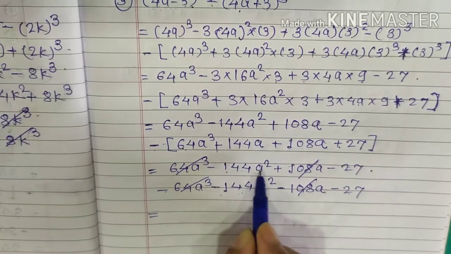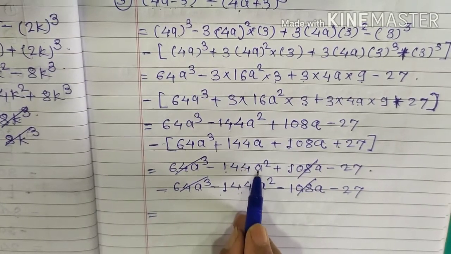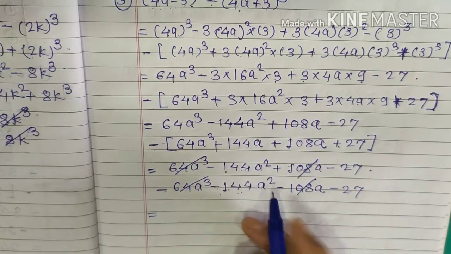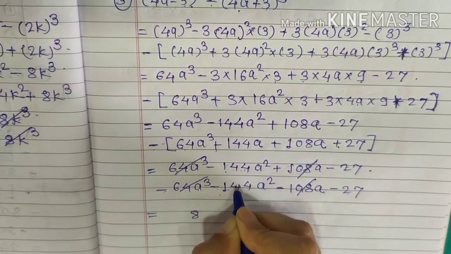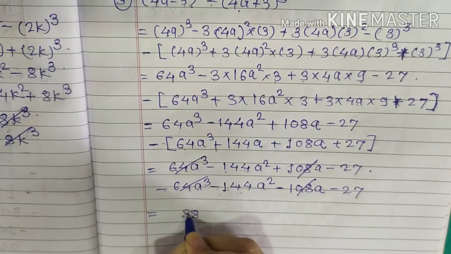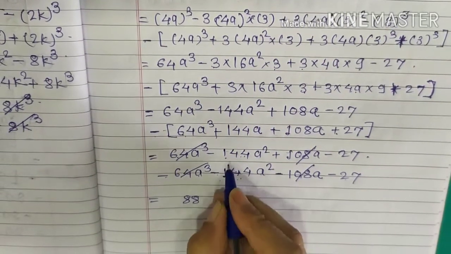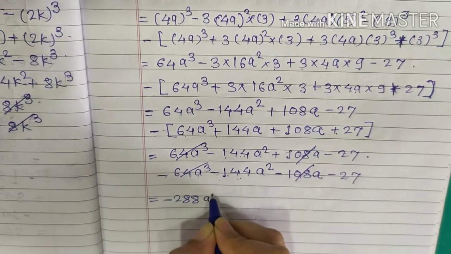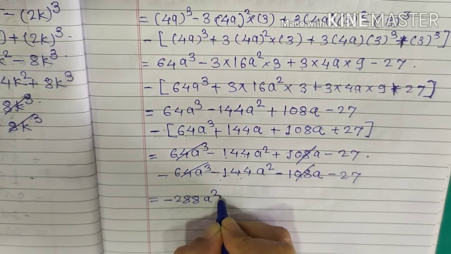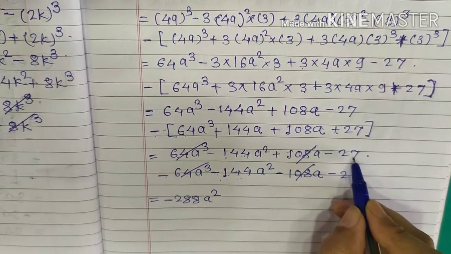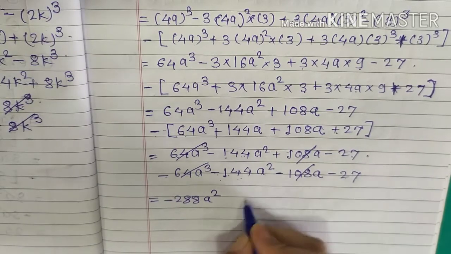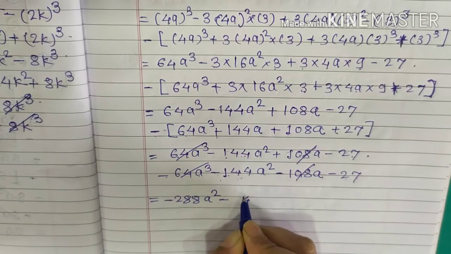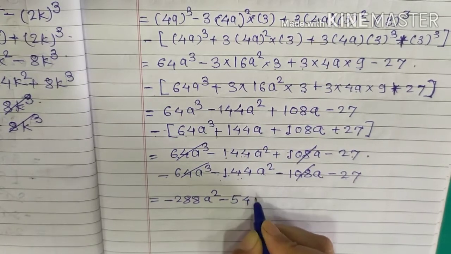Minus 144a square minus 144a square is equal to minus 288a square. And minus 27 minus 27 is minus 54.